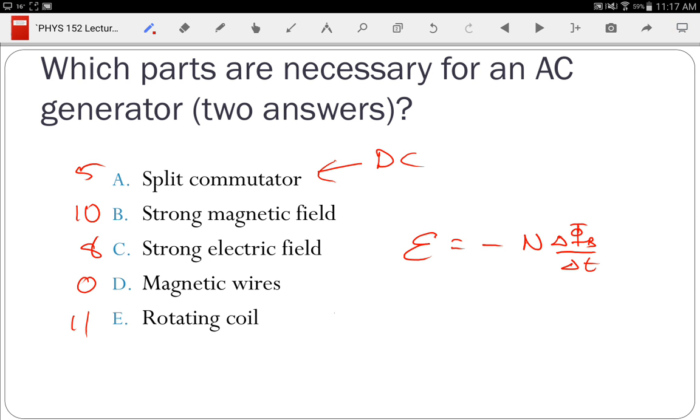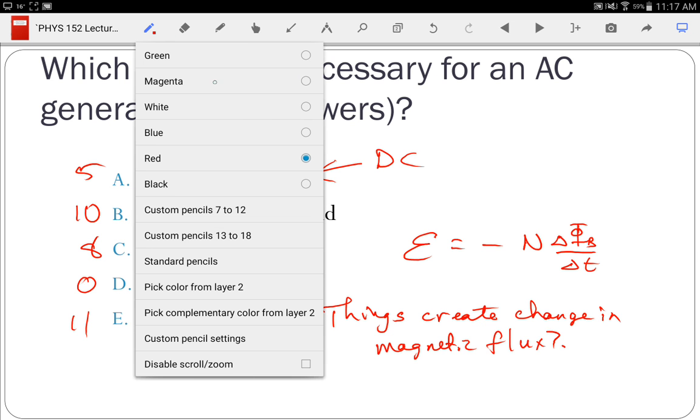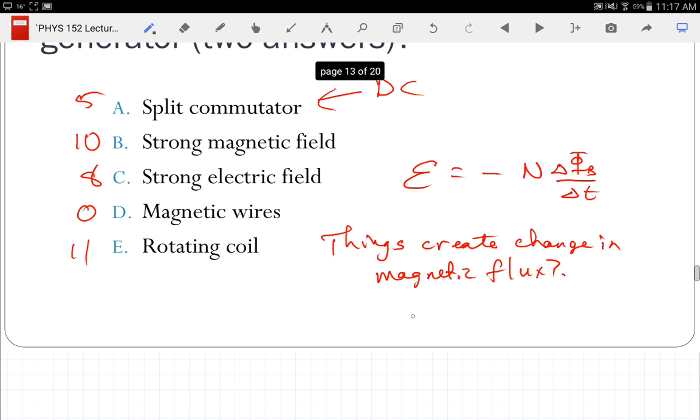What things will create a change in magnetic flux? And to help you answer that, I will rewrite the equation for magnetic flux.